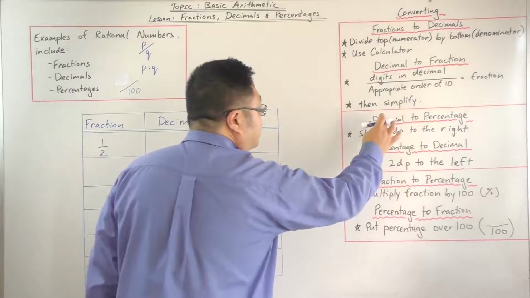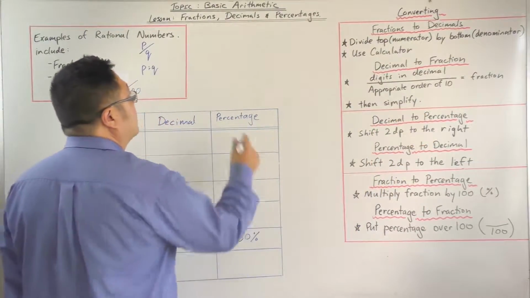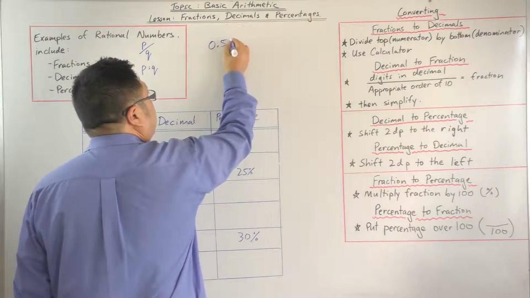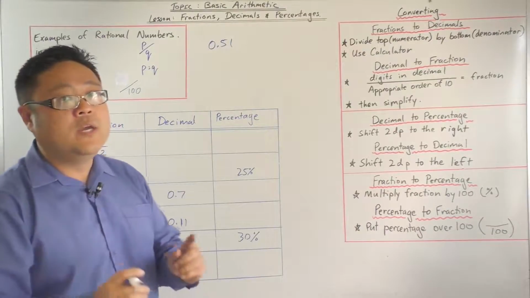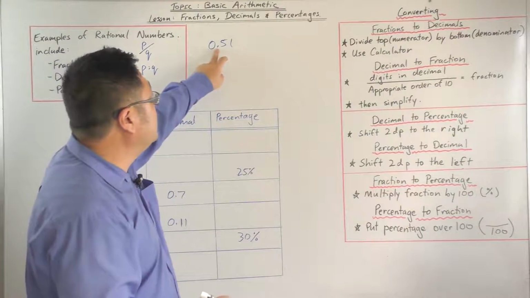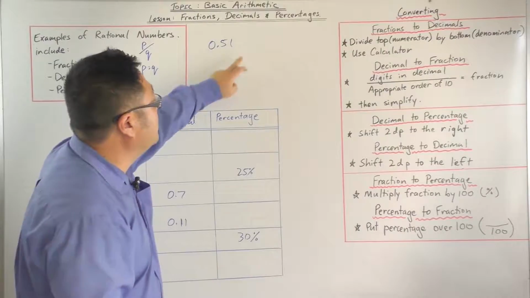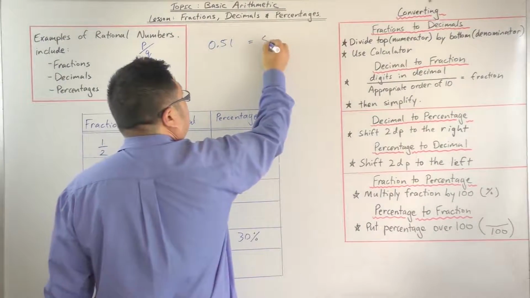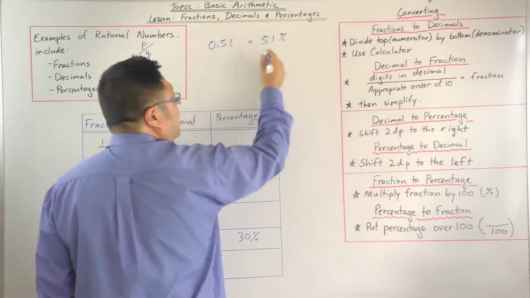So if you're converting from decimals to percentages, let's say for example 0.51, all you need to do is shift the decimal point 2 to the right, 1, 2, and then you end up with the number 51, right? So the answer is 51%.